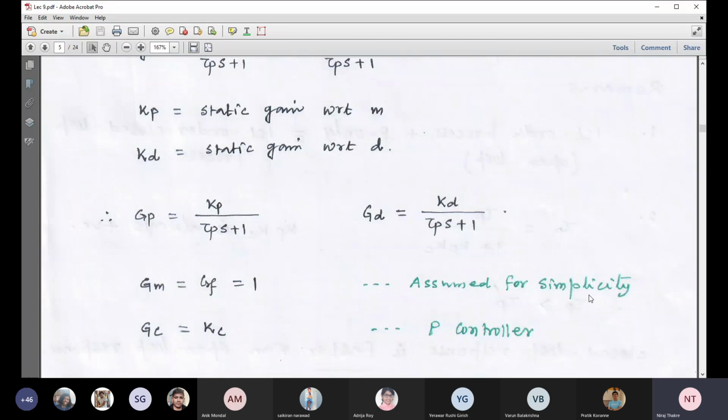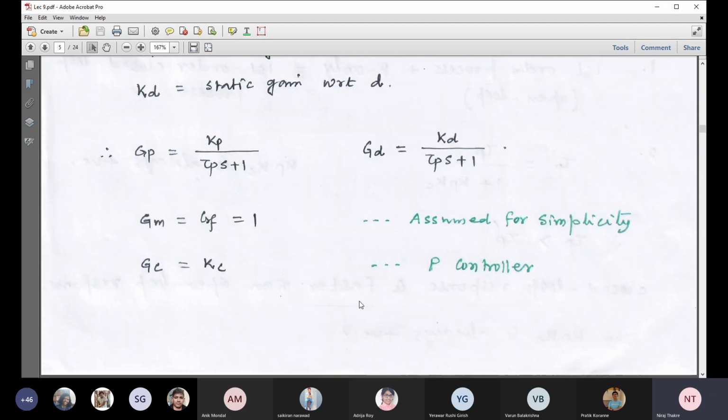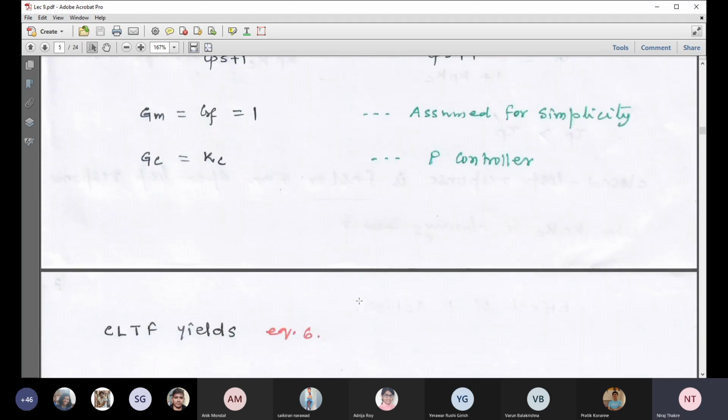In the next step 2, we want to use equation 6, the closed loop transfer function. Basically, we want to substitute these 5 individual transfer functions in the standard equation.